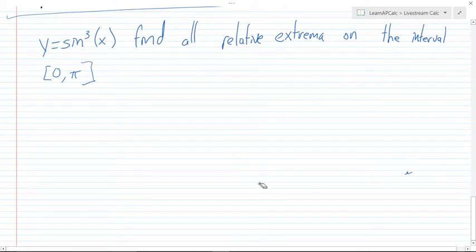You can describe them by adding pi n or 2 pi n, but sine and cosine is the classic relative extrema on an interval. So first we want to find dy/dx and set that equal to 0.